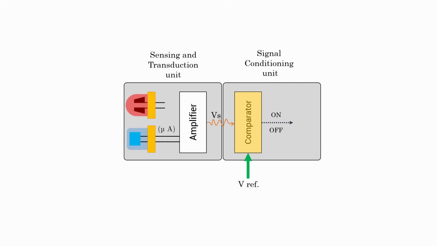But this digital signal is still very small, only a few microamperes of current or around 5 volt or less. It's not strong enough to drive a long wire or a PLC input directly. That's where the output transistor comes in. The output transistor is basically a small electronic switch made using semiconductor materials. It can be PNP or NPN type.